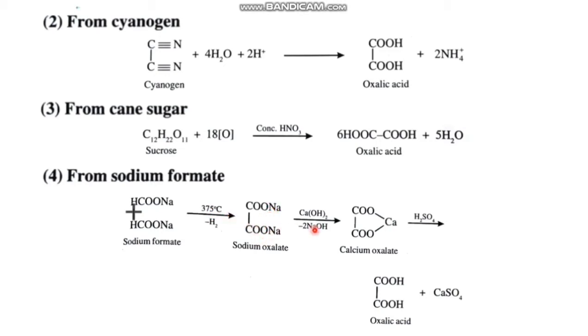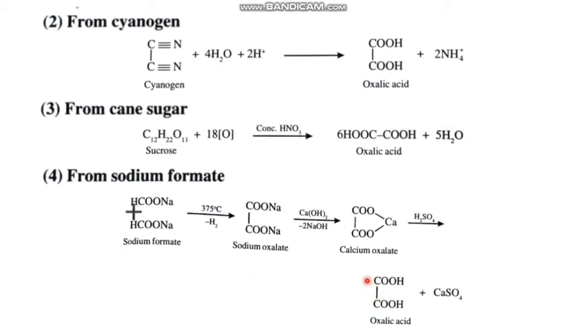This is converted into calcium oxalate by treatment with calcium hydroxide, and then acidified with dilute sulfuric acid to get oxalic acid. Generally, oxalic acid is obtained in the form of a solution. The solution is concentrated and cooled to get crystals of oxalic acid.